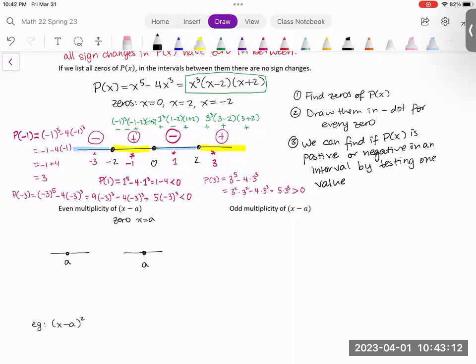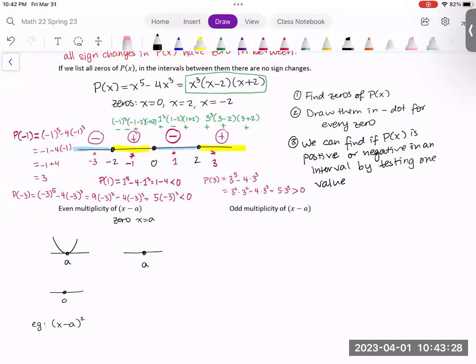X minus a squared is not going to change sign. If you plug in x values a little bit more than a and a little bit less than a, they both give you positive values here.